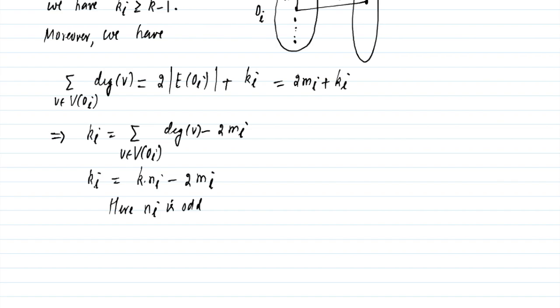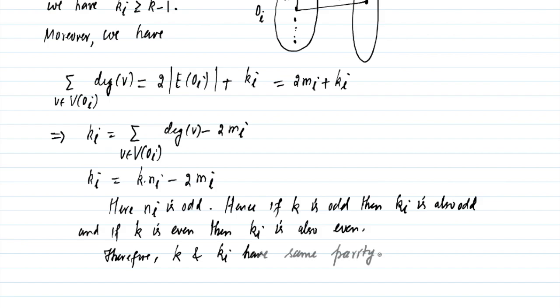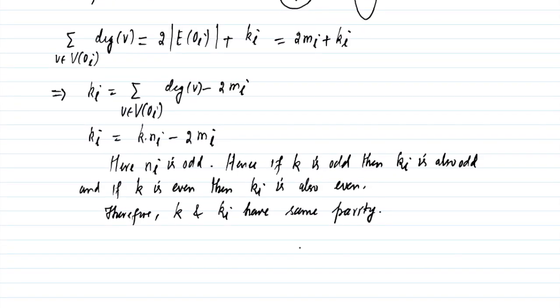Therefore, if k is odd, then ki is odd, and if k is even, then ki is even. This means that k and ki have the same parity, where parity means the property of an integer being even or odd.